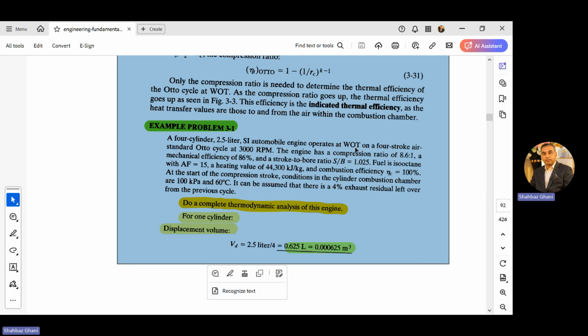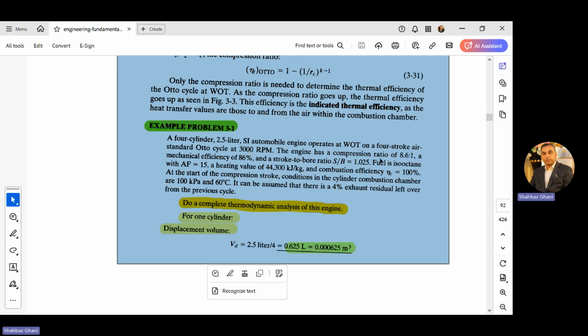So you know the condition: wide open throttle and a 4-stroke air standard Otto cycle. So you have a 4-cylinder engine with this volume, an SI engine with wide open throttle condition, having a 4-stroke mechanism with N, the number of revolutions per minute, of 3000 RPM.